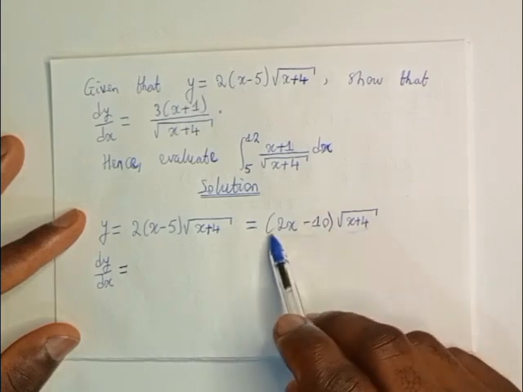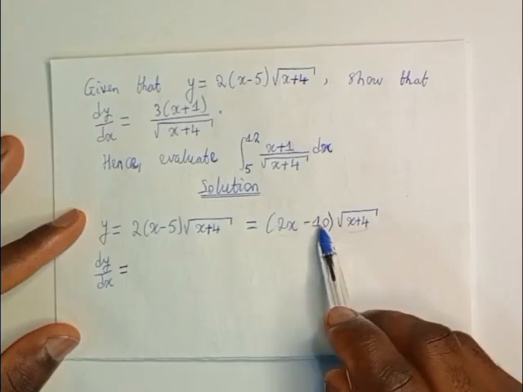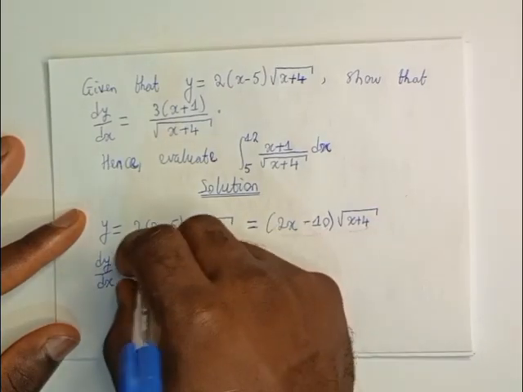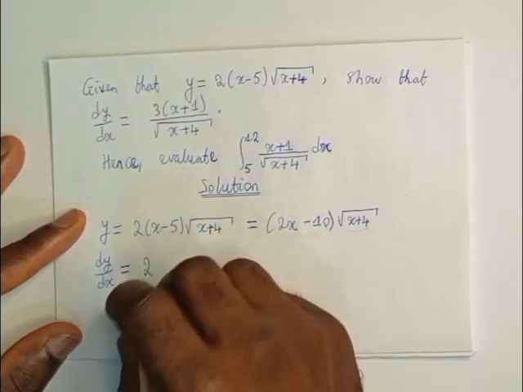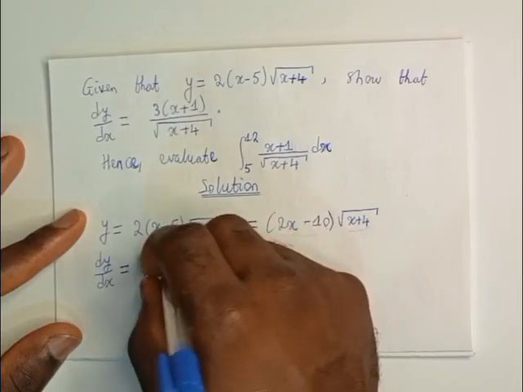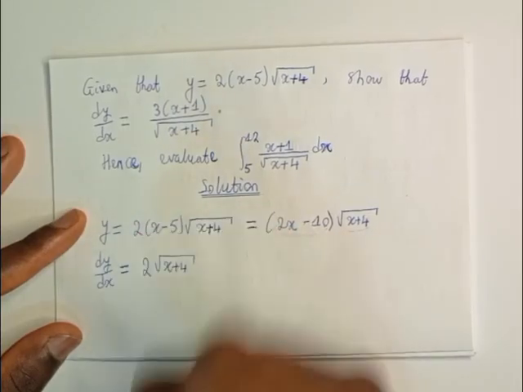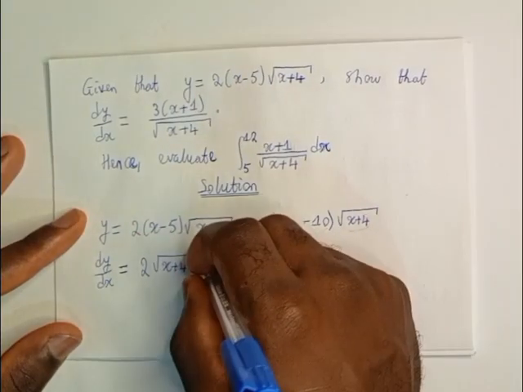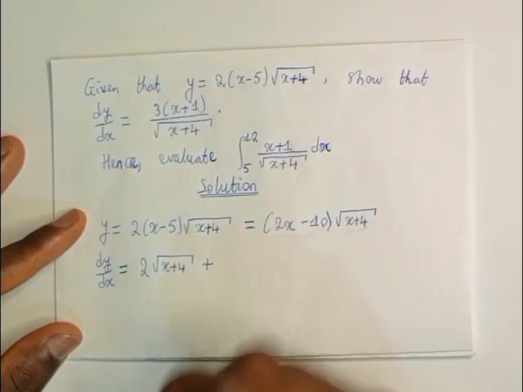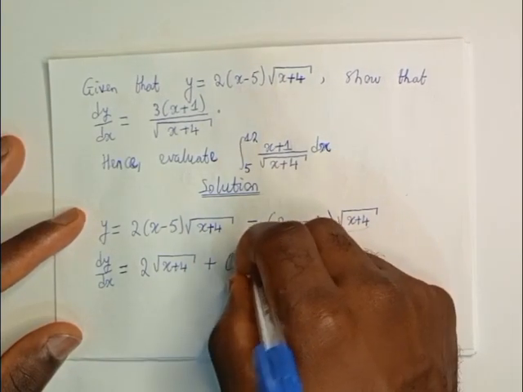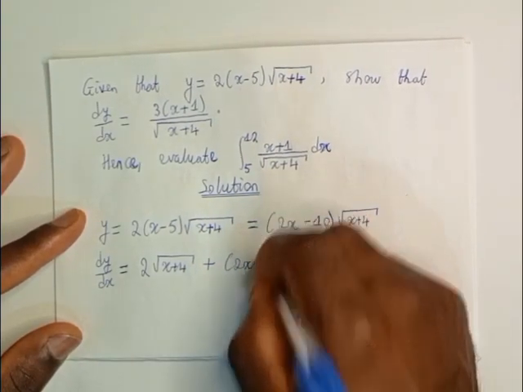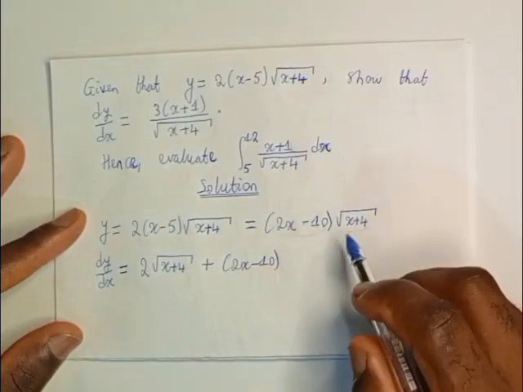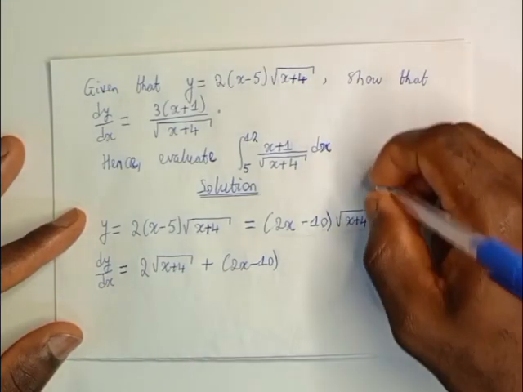The derivative of 2x minus 10 gives us 2. We multiply it by the square root of x plus 4, plus, we keep the first function constant, 2x minus 10. Then we differentiate the second function, the square root of x plus 4.